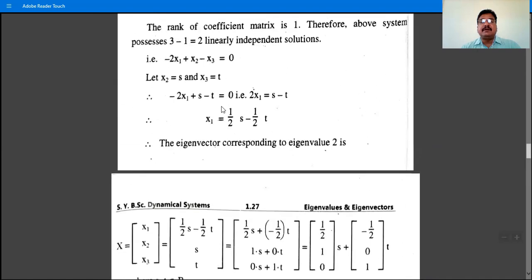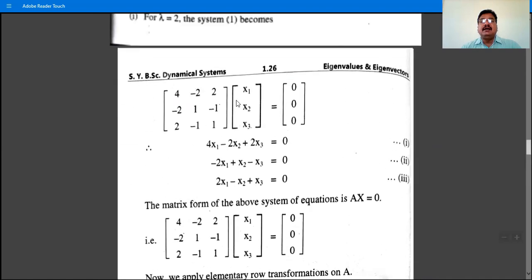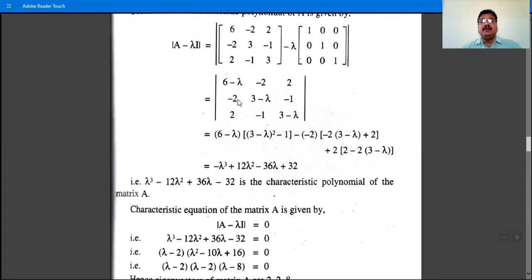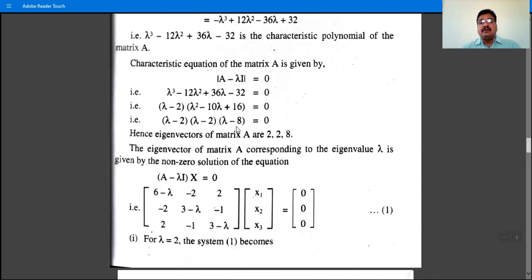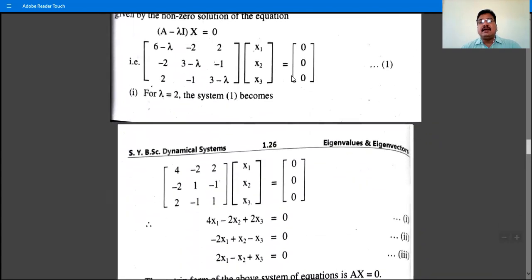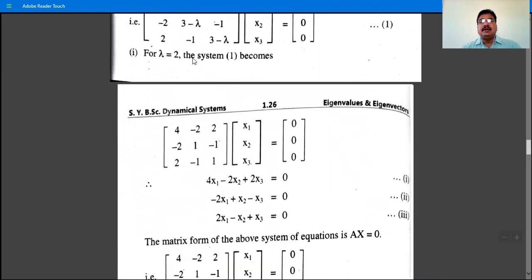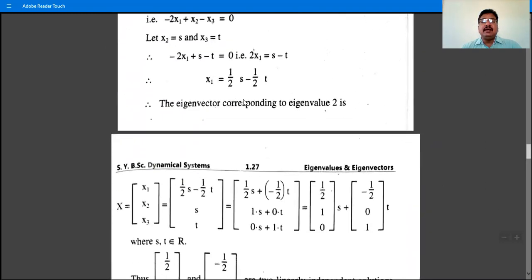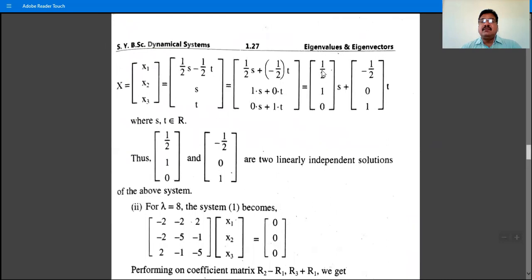For example, the eigenvalues of this matrix are 2, 2, 8, and corresponding to lambda is equal to 2, we have this: 1 half, 1, 0 and minus 1 half, 0, 1. We have 2 linearly independent eigenvectors corresponding to a single eigenvalue.